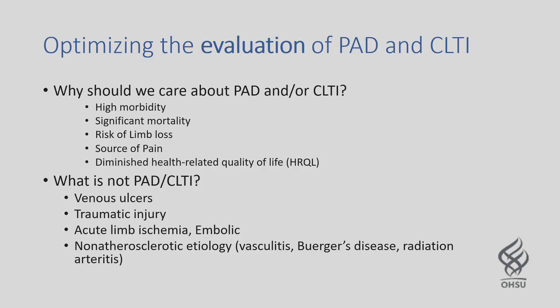That's a little different than patients with PAD or CLTI, which imply a chronic condition. And then there's non-atherosclerotic etiologies of peripheral vascular disease, including vasculitis, Buerger's disease, radiation arteritis, et cetera, that I'll not be covering this morning.